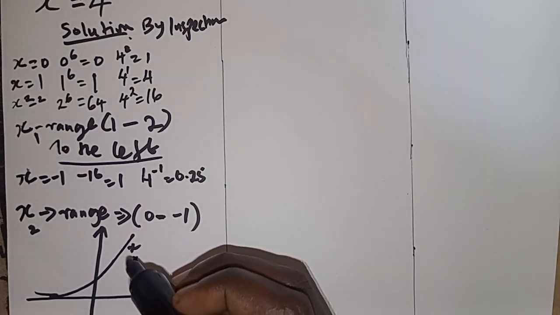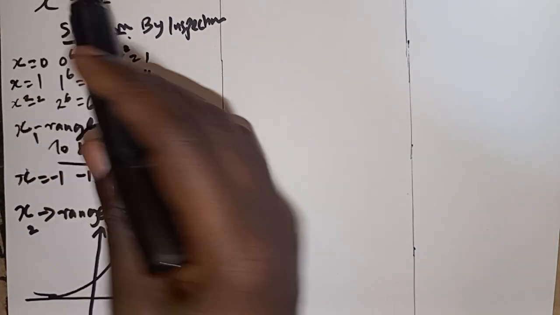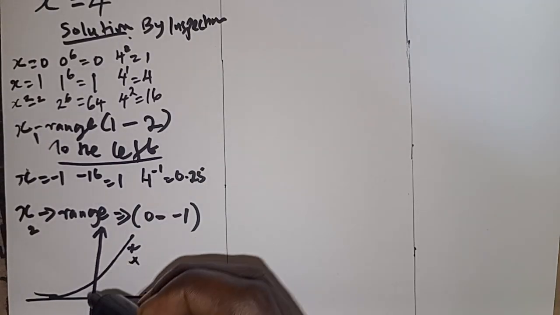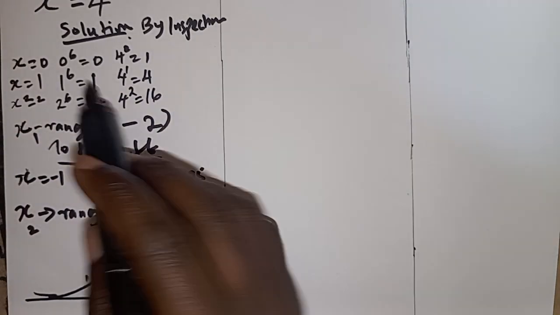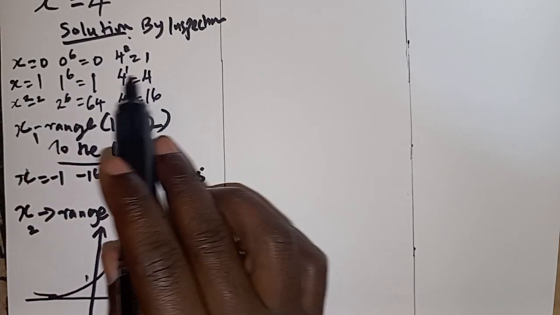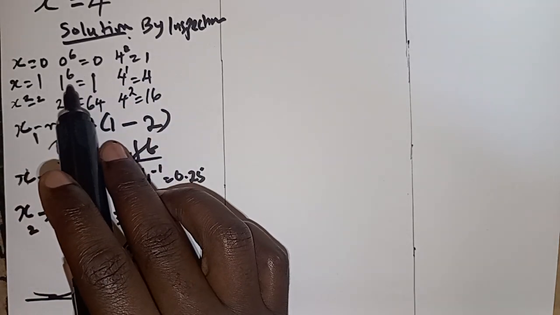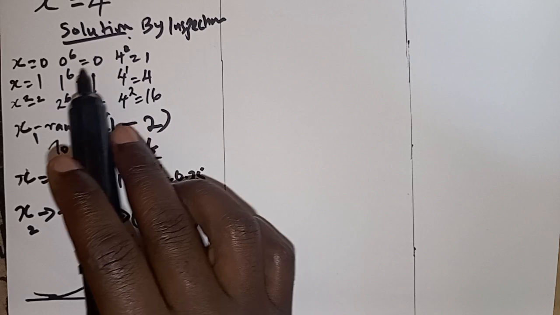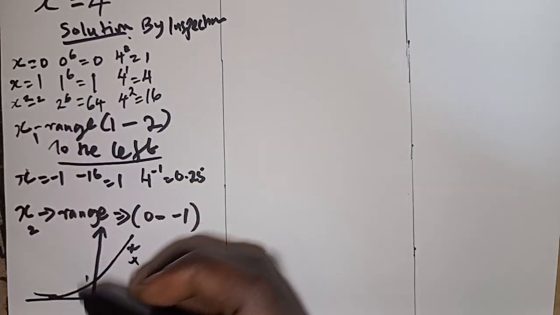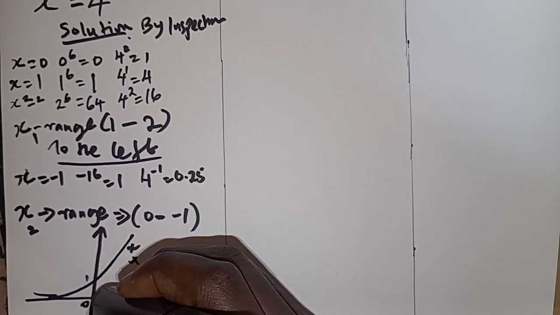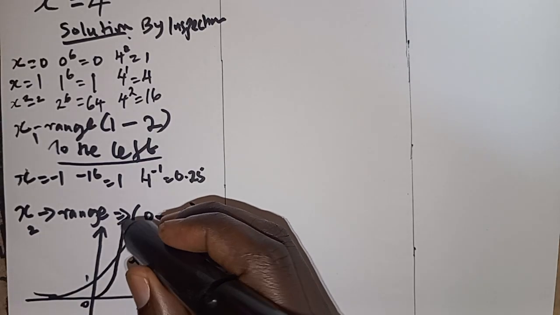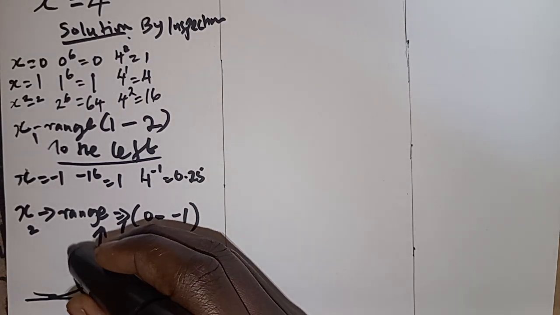While the graph of x raised to power 6, remember here this one was 1, and when x is 0, this other curve is going to start from here and it grows exponentially like that.